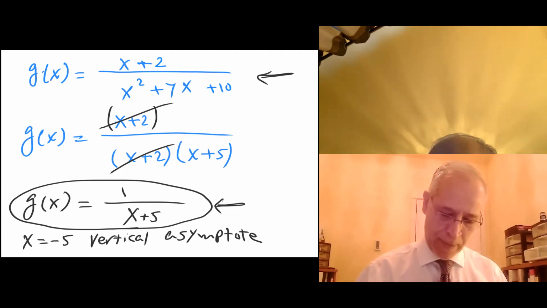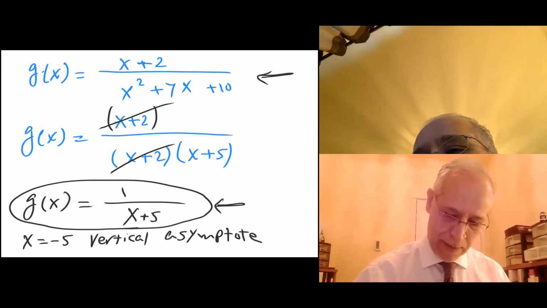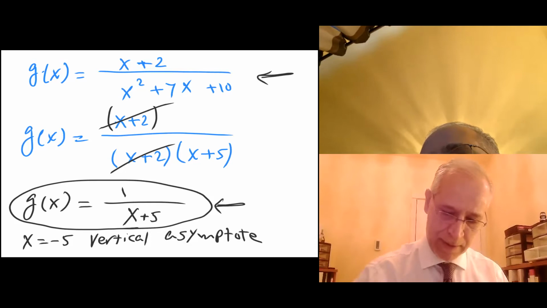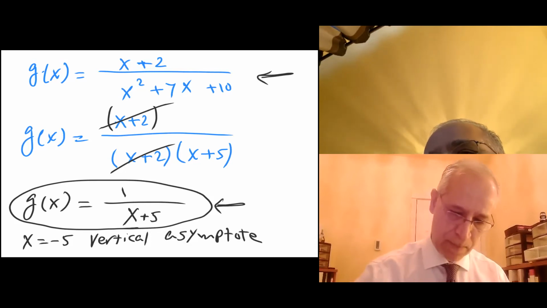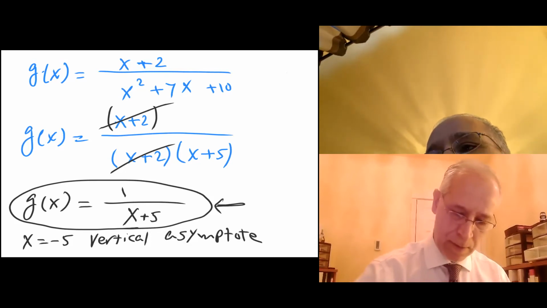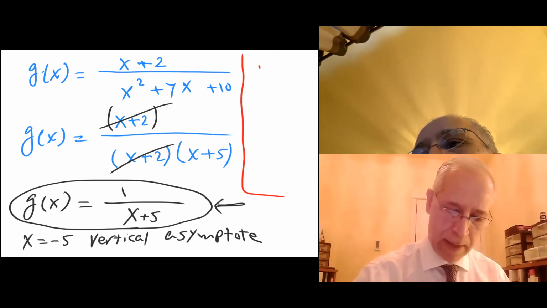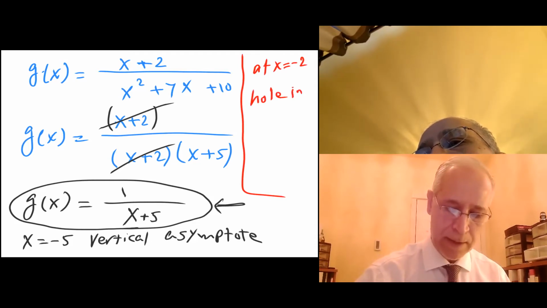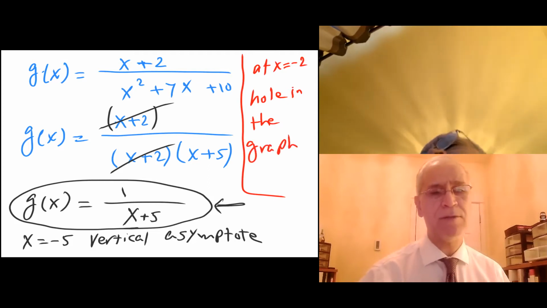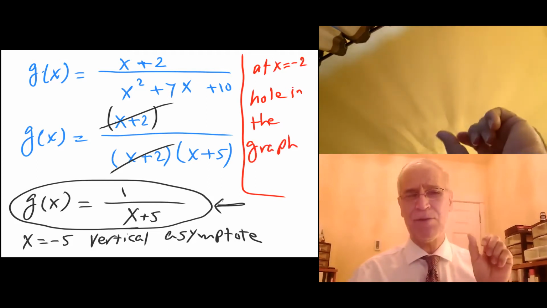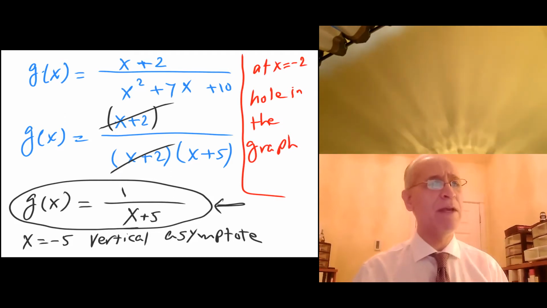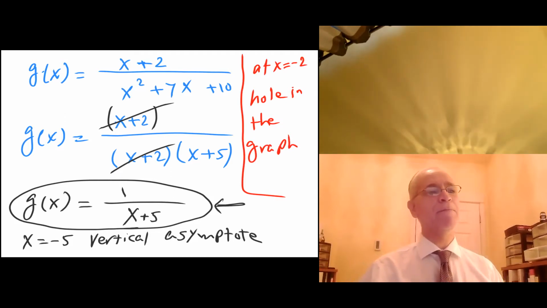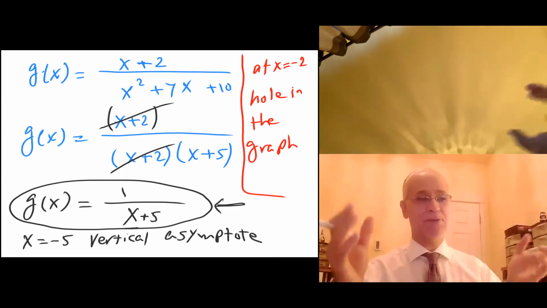So at x equals negative 2, we have a hole in the graph. And the hole is so tiny, just only at that value, that it's impossible for you to see it with calculators or even with a big screen.